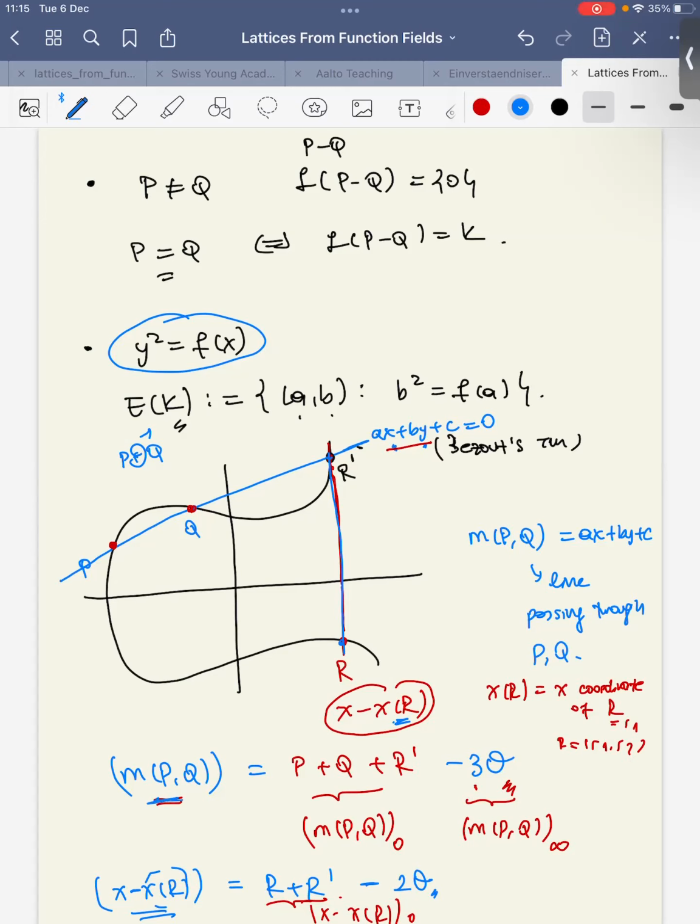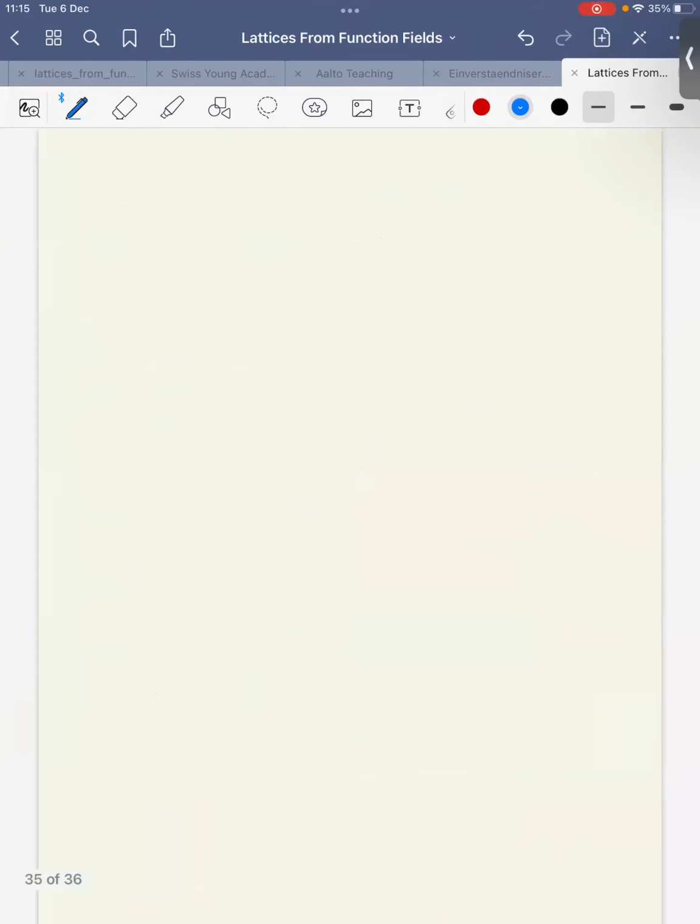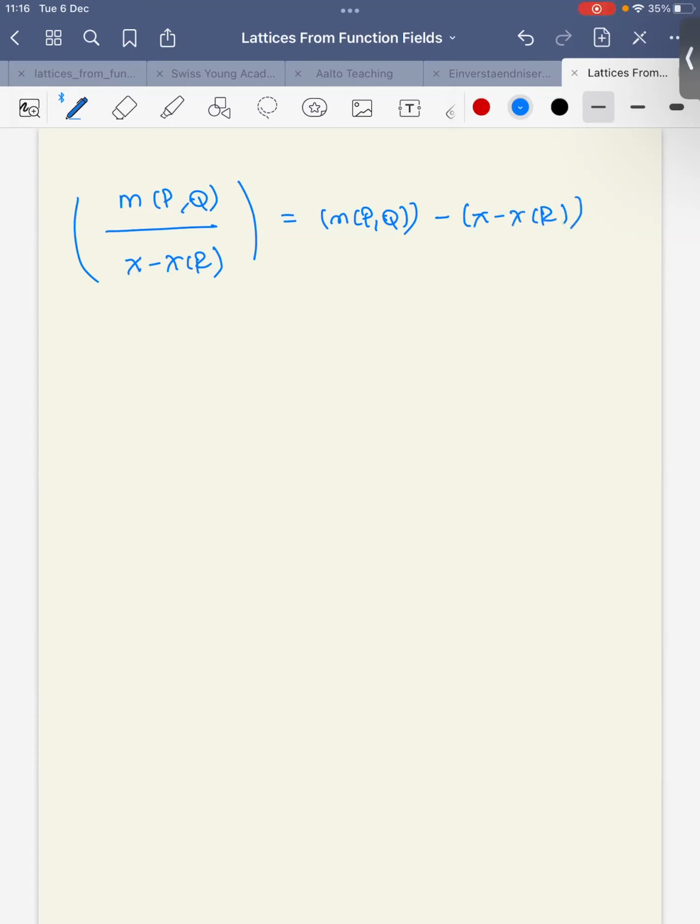Now let me consider the ratio of these two transcendentals, and let me look at its principal divisor. By using the definition of the principal divisor, which involves the discrete valuation maps, we can see that this principal divisor is equal to the principal divisor of M of P and Q minus the principal divisor of x minus x of R. We computed the first as P plus Q plus R prime minus 3O, and the second as R plus R prime minus 2O.